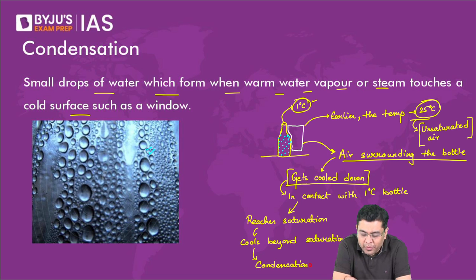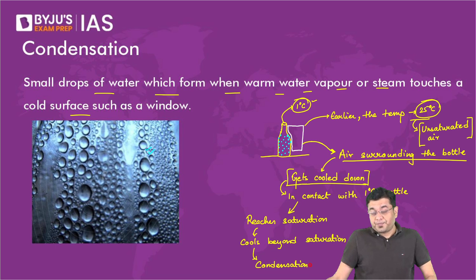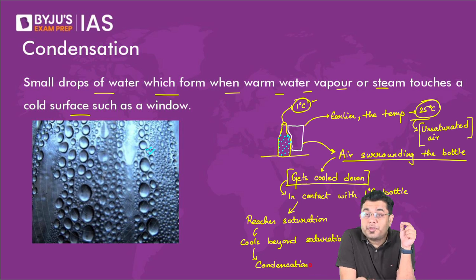And if you are surprised by this, let me throw another surprise at your doorstep. I don't know if you have observed it or not, but during the rainy season, when you keep a bottle outside from the refrigerator, and if that bottle is cold enough, there will be much greater accumulation of water droplets on the table or whichever surface you are keeping it on.